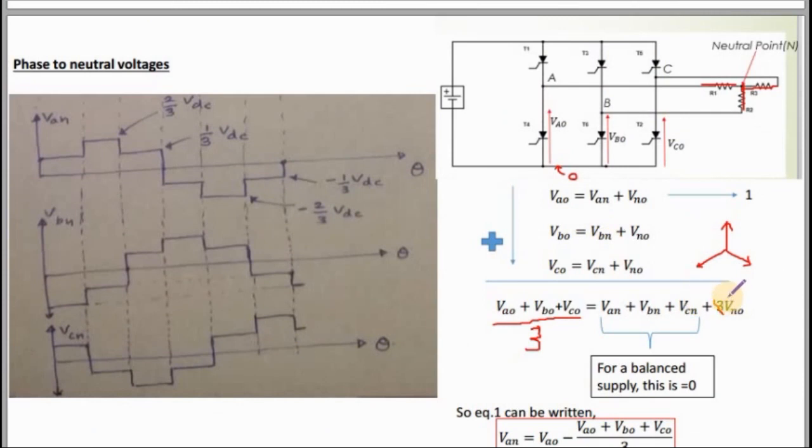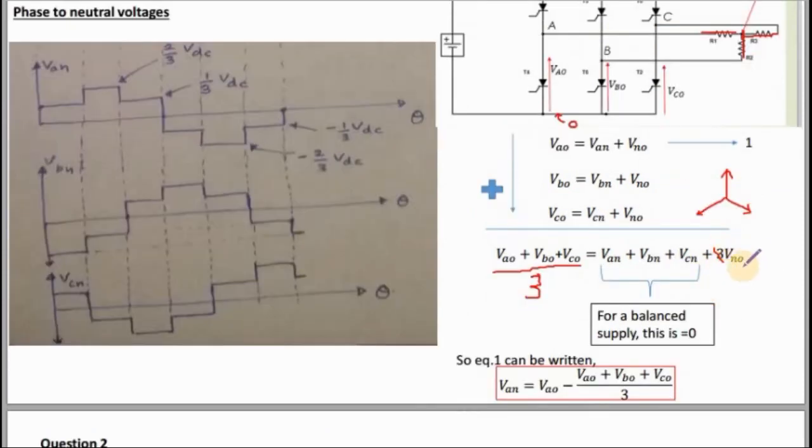Then you can substitute this VNO here. So VAN is equal to VAO minus, we'll take this one here, VAO plus VBO plus VCO by 3.